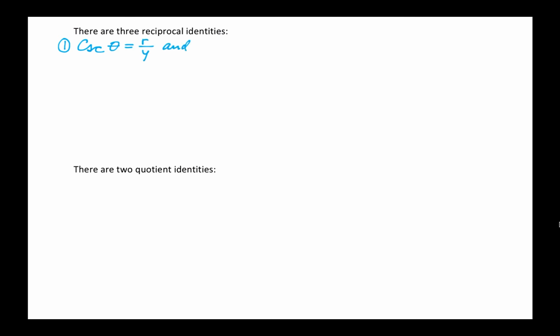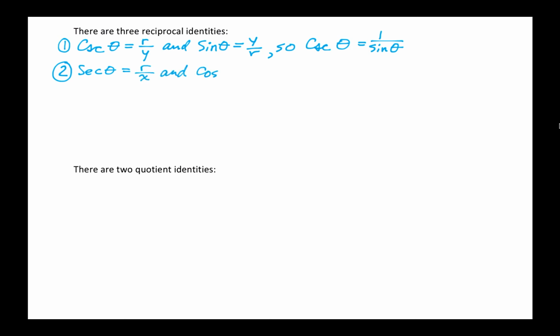For instance, reciprocal identities. We know that cosecant is the reciprocal of sine. We've got r over y for cosecant. Sine is y over r, so cosecant is 1 over sine, and likewise, sine theta is 1 over cosecant theta. We've got that secant theta is r over x, and cosine theta is x over r.